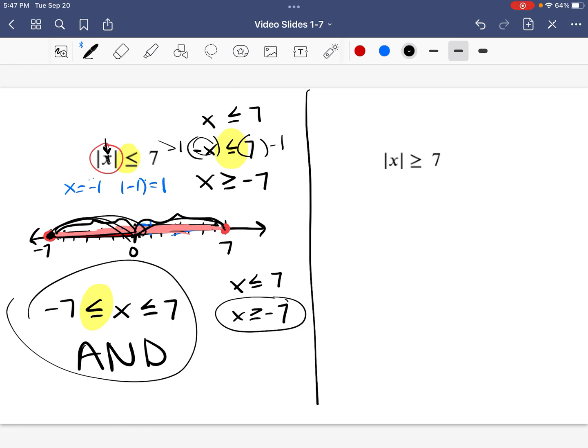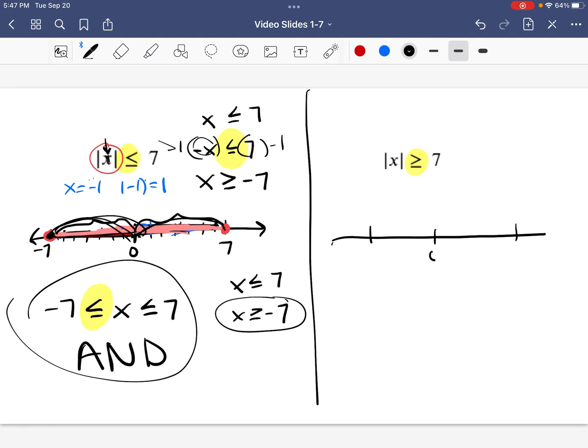But let's see what happens if we have x being greater than or equal to 7. Let's think about it on the graph again, because I think conceptually we can see this without doing any math.